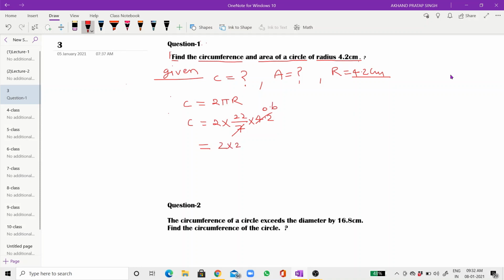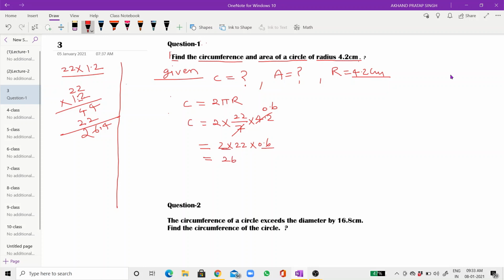So 2 into 22 into 0.6, and if you multiply, suppose this is the rough work, 22 into 2 into 0.6 becomes 26.4. So it becomes 26.4 centimeter. So this is the circumference.